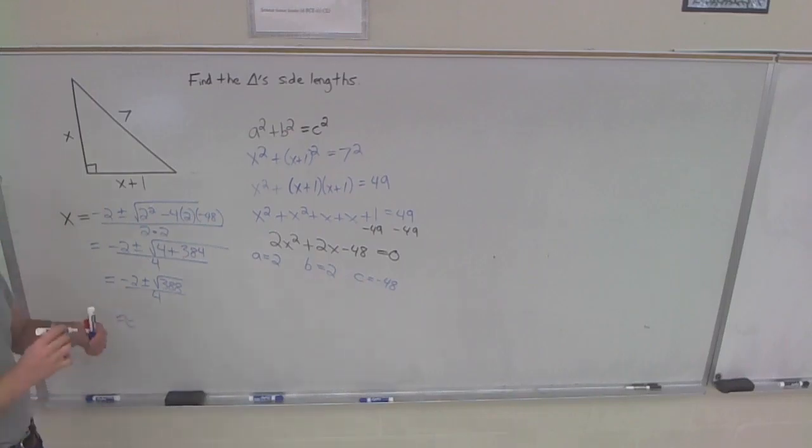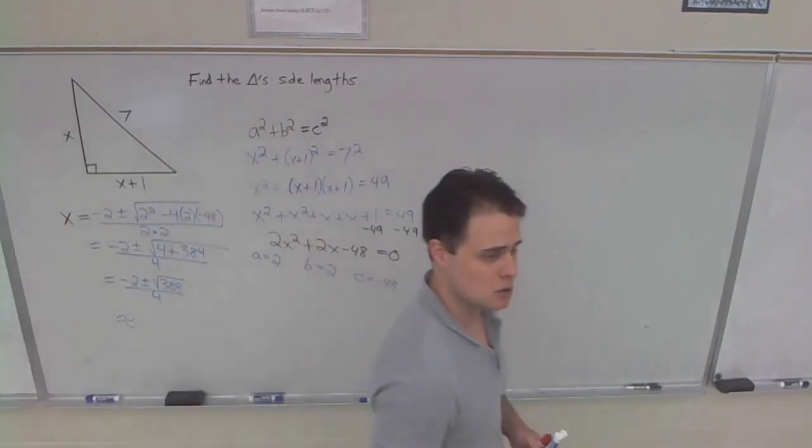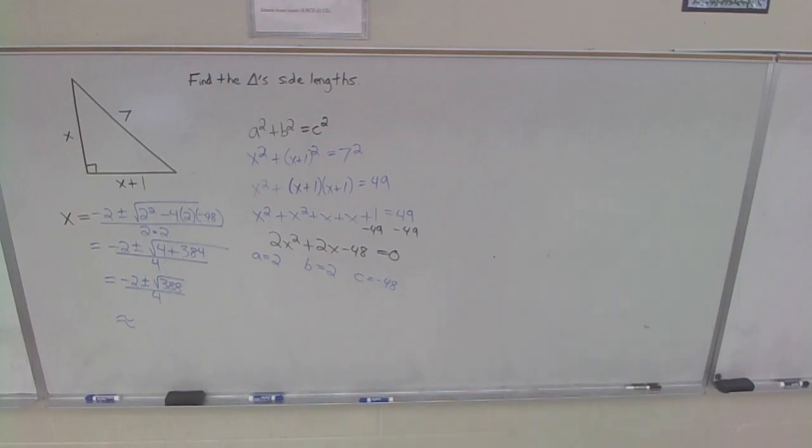So we want the actual values for x, so let's use our calculator to get those. I'm going to go -2 plus the square root of 388 all over 4, and then I'm going to do it with a minus.